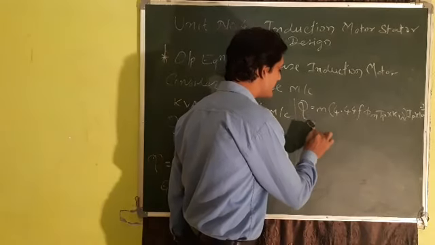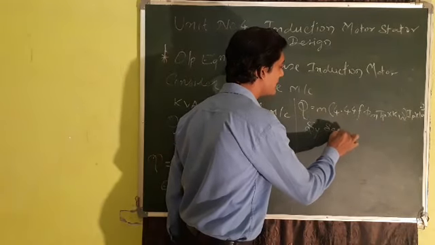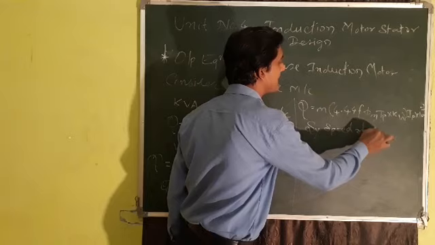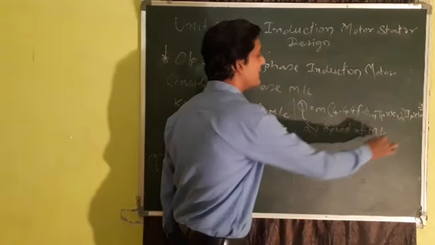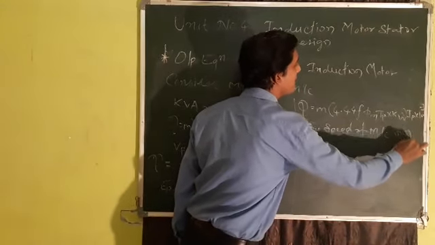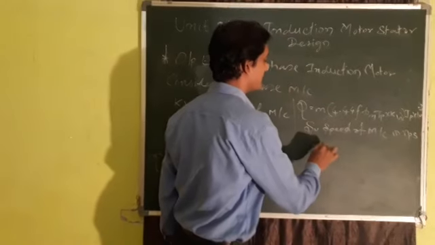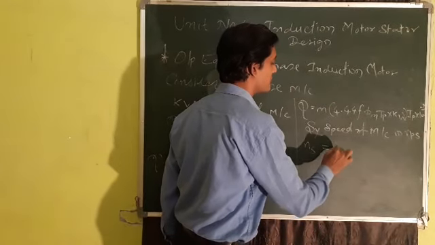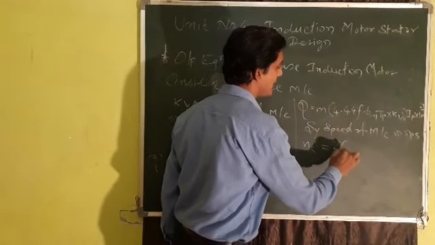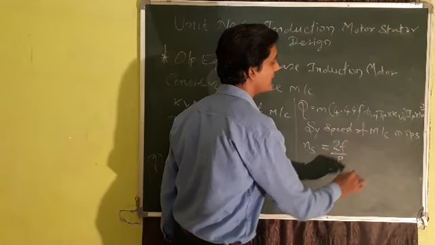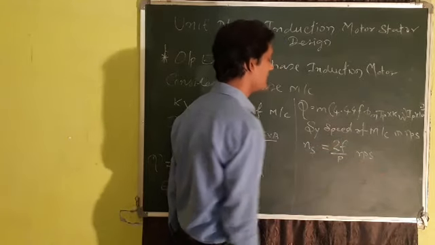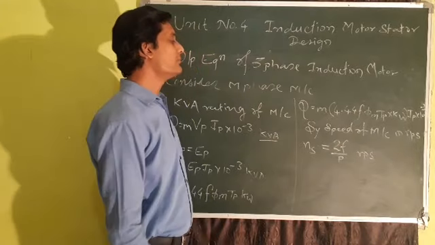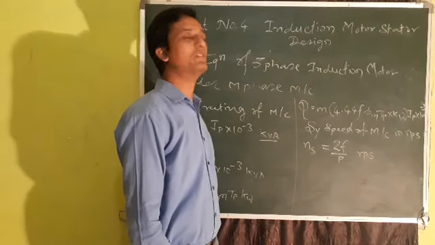Now the synchronous speed of the machine in RPS may be written as Ns is equal to 2f by P RPS, so Ns is equal to twice the frequency divided by the number of poles.